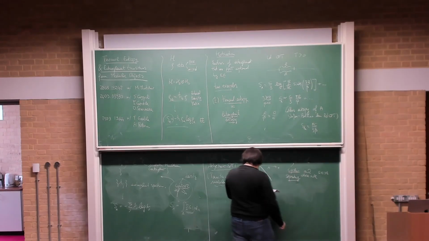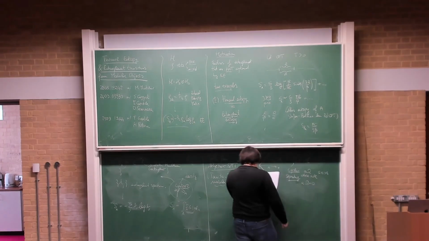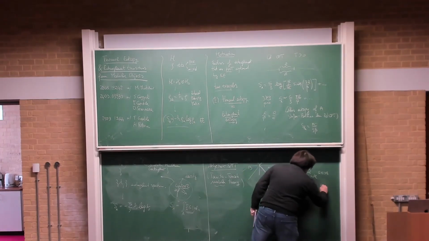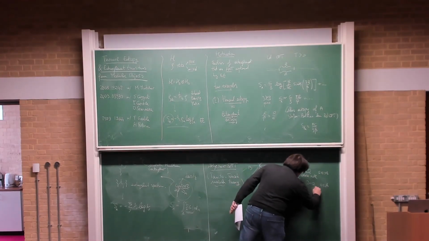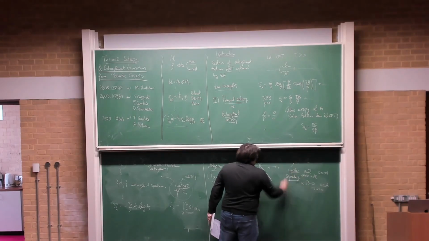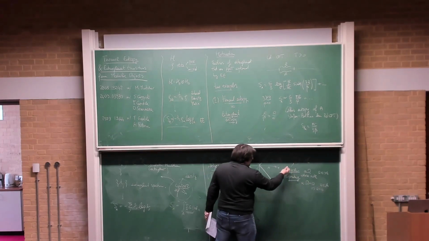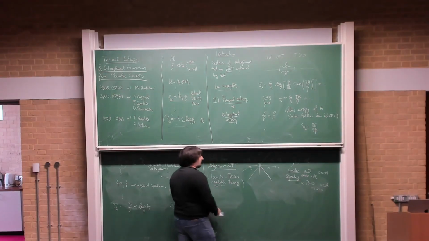Separating means that if an element of the algebra annihilates the state, then that element is 0. These are important assumptions, but you can think that your ground state satisfies these properties.